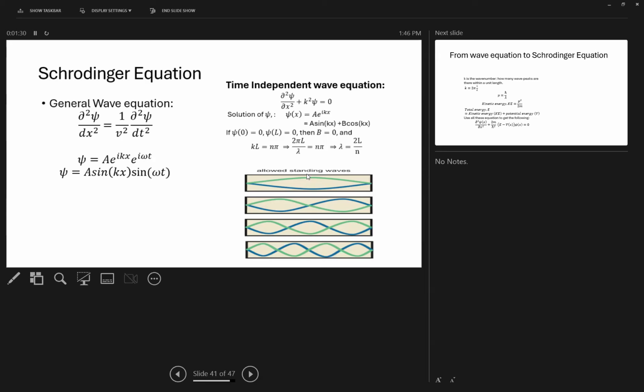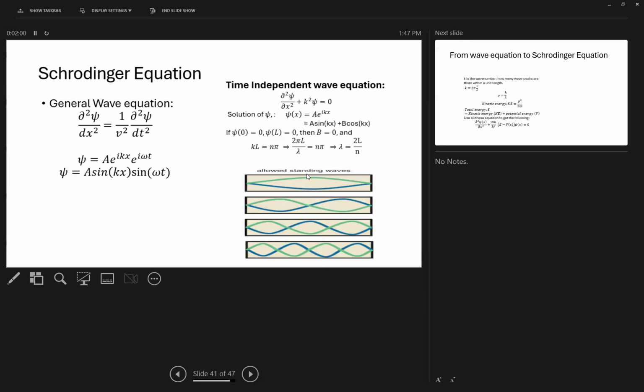Why this integer number? It's because once we say that it has some specific boundary condition, the wave must be 0 at this side or at the very other side. So these waves cannot be arbitrary. It must take some specific form. So it can take either this form or that form, right? Out of all these 4 configurations, which configuration would have the longest wavelength?